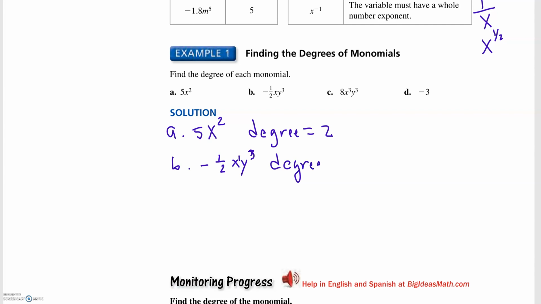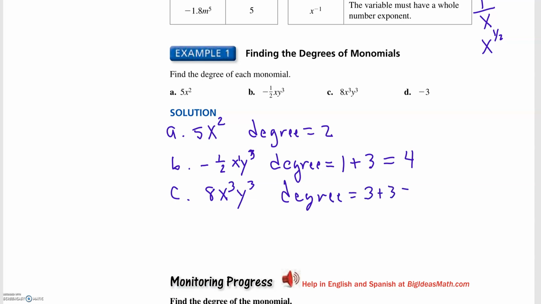The degree of that monomial is going to be 4. For part C, notice we've got 8 times x to an exponent times y to an exponent, so it is a monomial. And the degree of that is going to be 3 plus 3, which is 6.